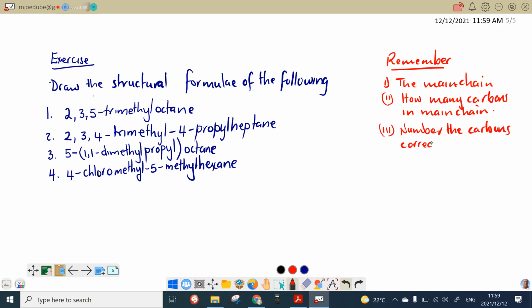You must number the carbons correctly so that the substituent groups occupy the lowest numbers possible after the functional group.